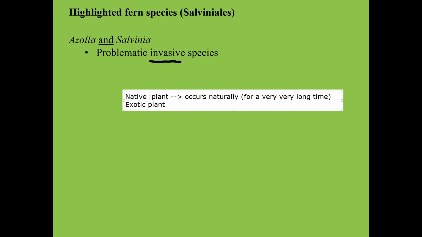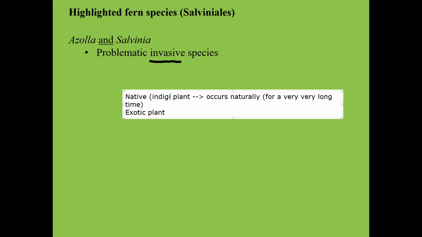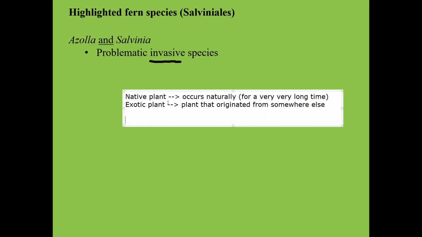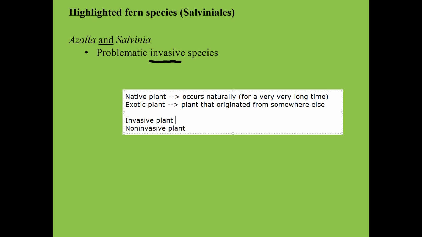Another thing you can call native plant is indigenous. Indigenous plant, native plant, indigenous plant. Exotic plant means a plant that originated from somewhere else, right? But then you have other terms: invasive plant, and sorry, but this bothers me, invasive plant. Invasive plant is a plant that's aggressive and overtakes resources.